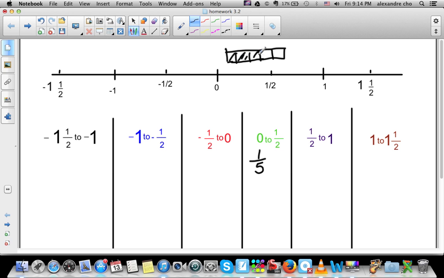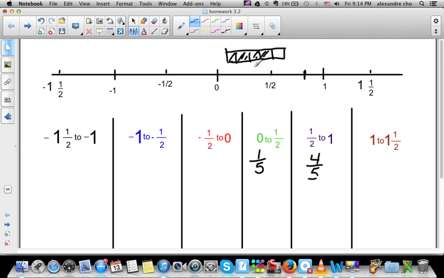And if you ate 4 out of the 5 pieces available, you can tell that it's more than half. So 4/5 lies between half and 1. It's not entirely one full chocolate bar, but almost. So 4/5 will lie somewhere around here, and that makes it belong to this particular interval.